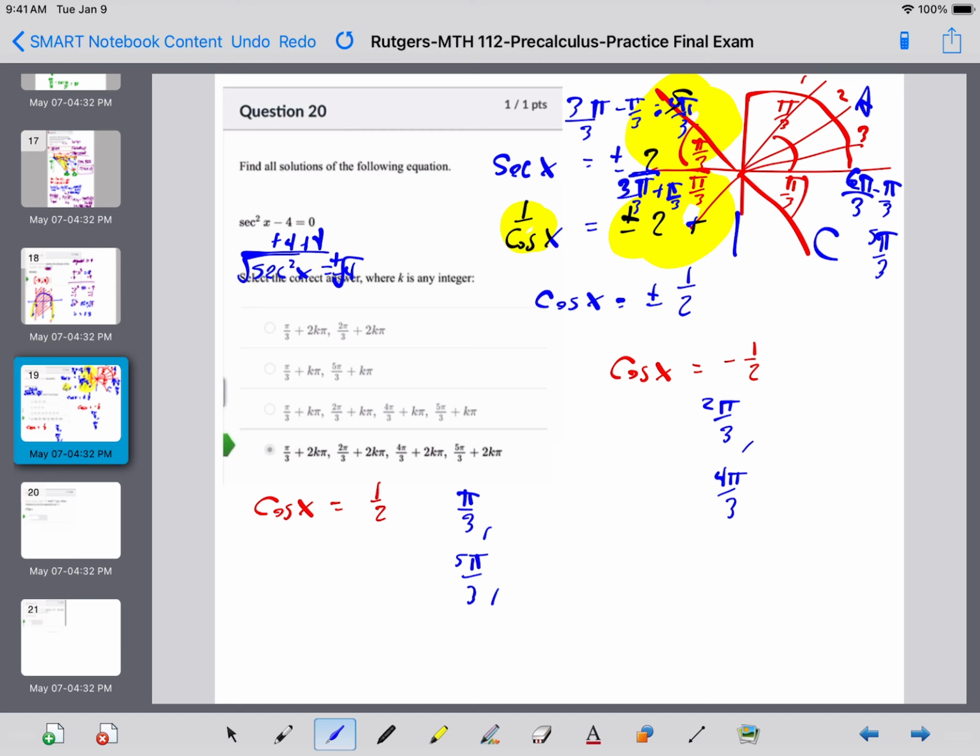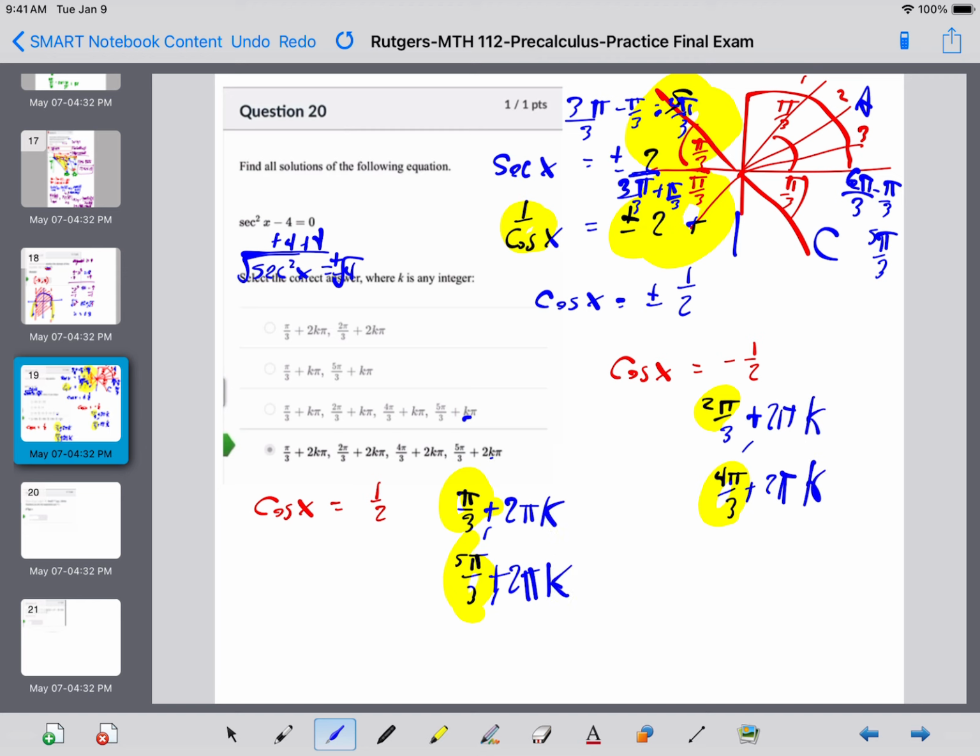So now, we have to think to ourselves, it isn't just these angles, right? These are the angles between 0 to 2 pi. So, if it comes back around, you're going to have coterminal angles. And to get coterminal angles, you would add 2 pi, right? But you could add as many 2 pi's as you want. So, I'm going to use the letter k because it seems like they're using the letter k.